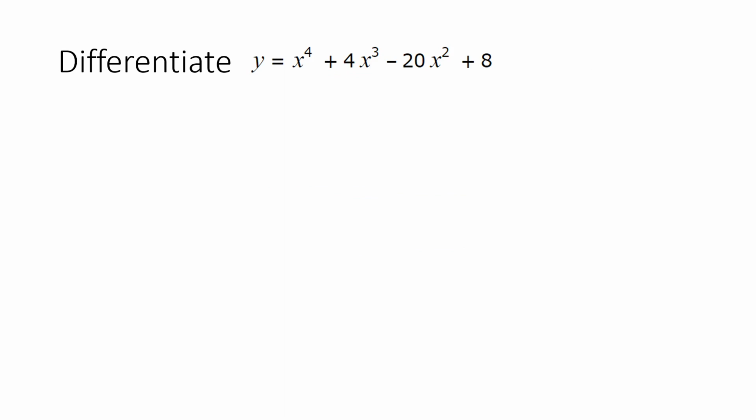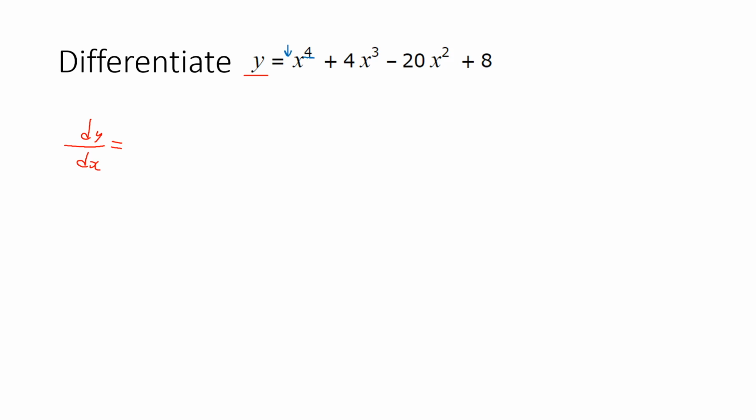If we're told to differentiate y equals 4x to the power of 4 plus 4x to the power of 3 minus 20x to the power of 2 plus 8, all we're going to do, if it's in this notation, is write dy by dx. Then all we do is multiply the power by the coefficient.